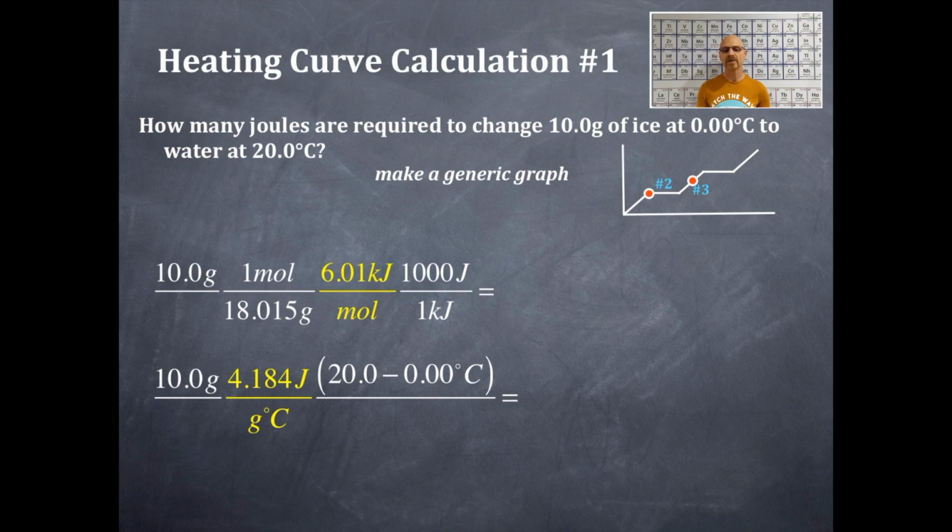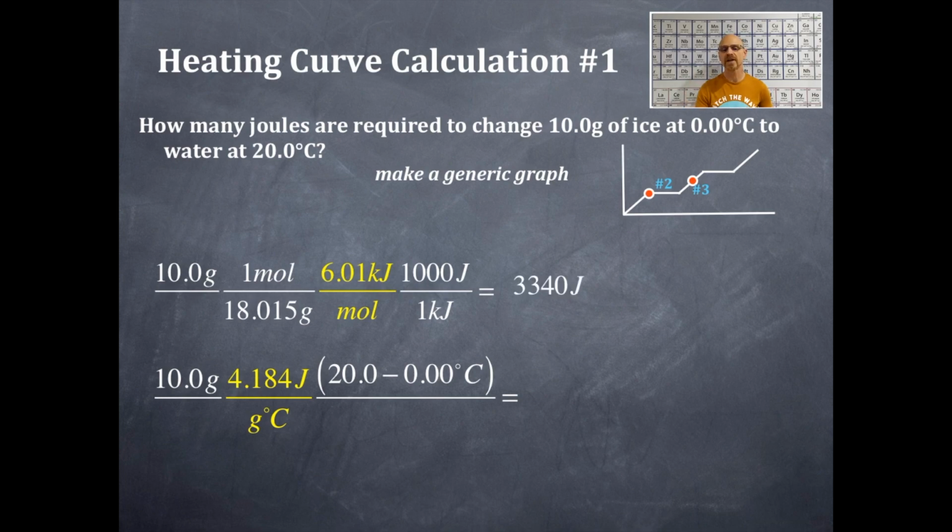Then I have the final temperature minus the initial temperature. The final temperature is the high temperature, that's the 20. The initial temperature is the 0. So that's the change in temperature. You should see that all the units cancel out here, and I'm going to have joules for the units for this one, just like joules are in the top one.